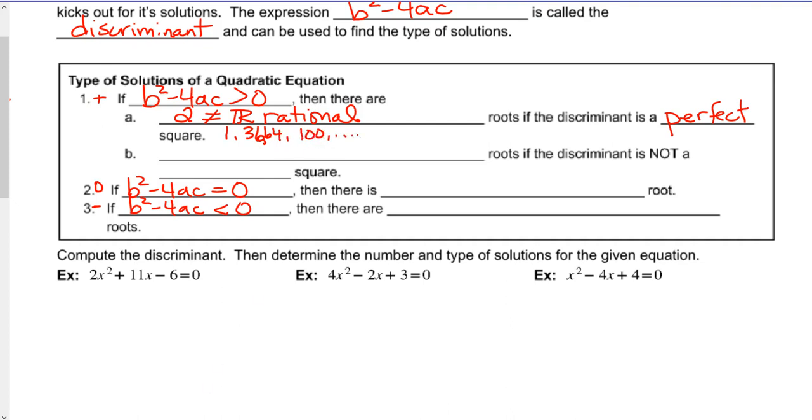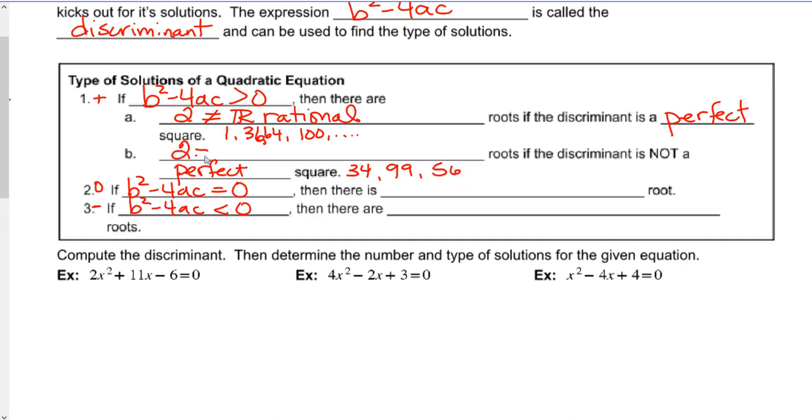Those are all going to kick out real rational roots, just like the first example that we did with the quadratic formula on the reverse side. So here, if I have irrational roots, that means that we do not have a perfect square. So we have a number like 34 or 99 or 56. Those are all not perfect squares.